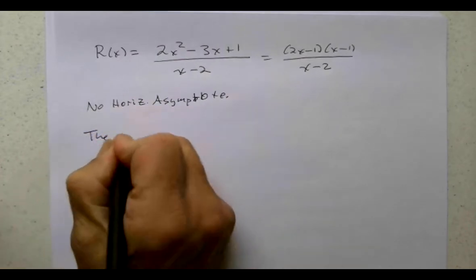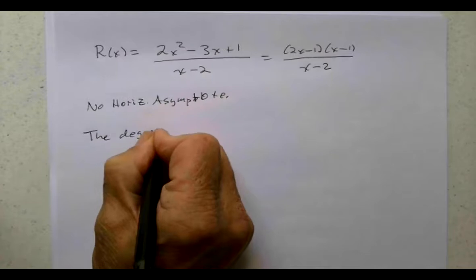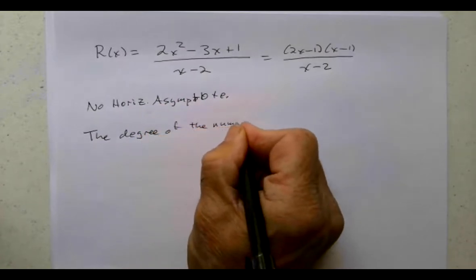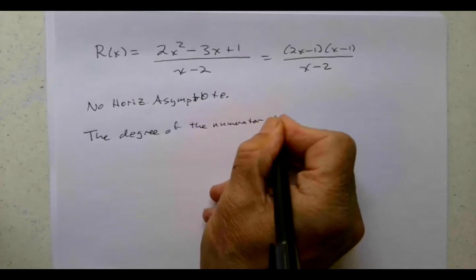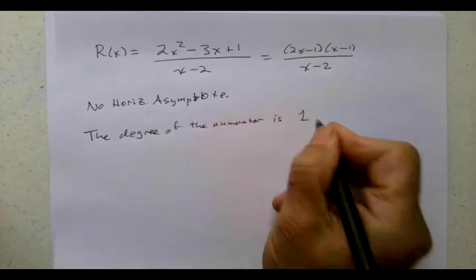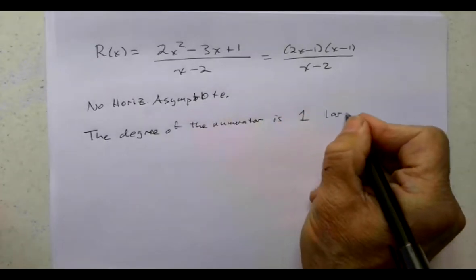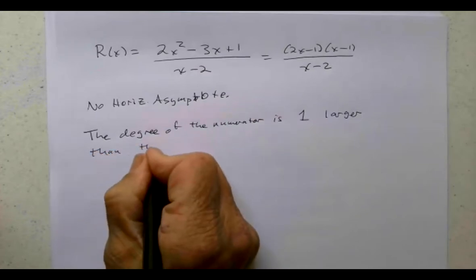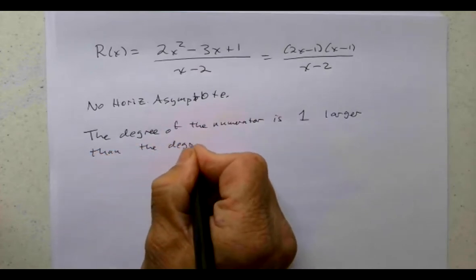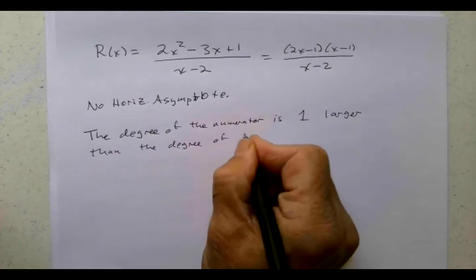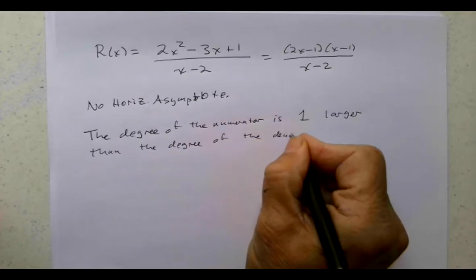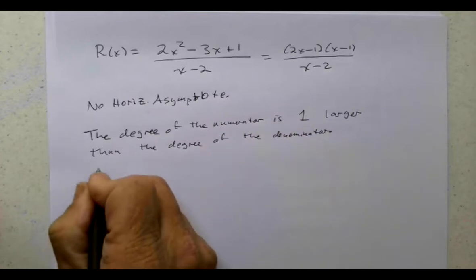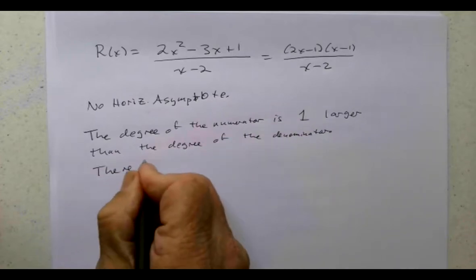The degree of the numerator is 1 larger than the degree of the denominator. When that happens, therefore, we have an oblique asymptote.